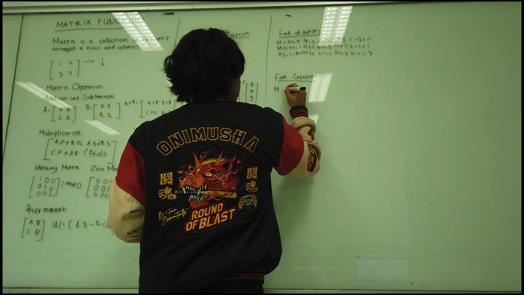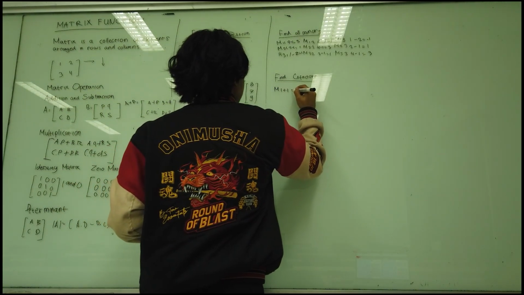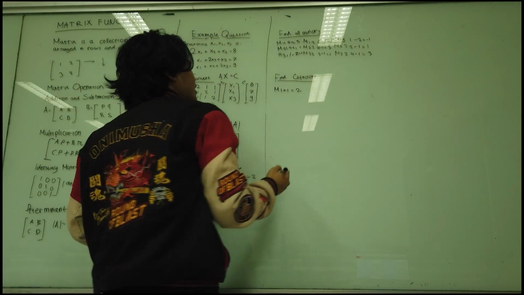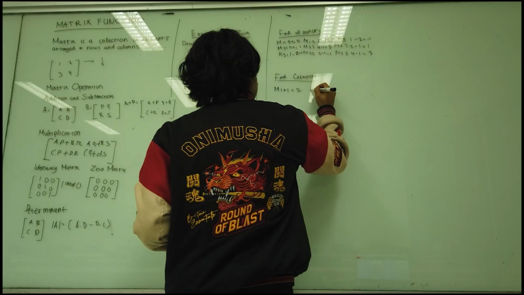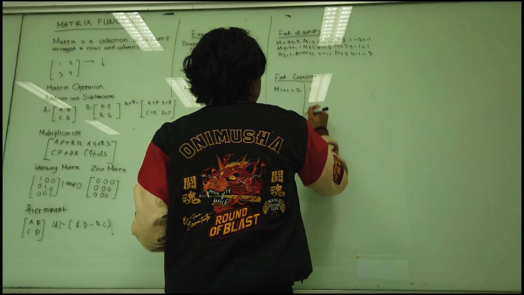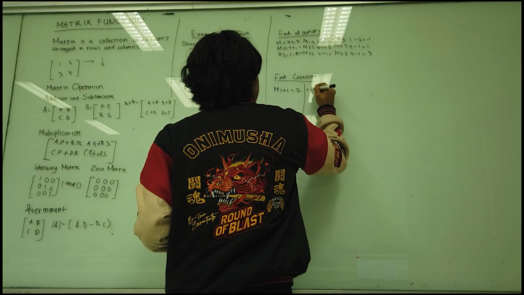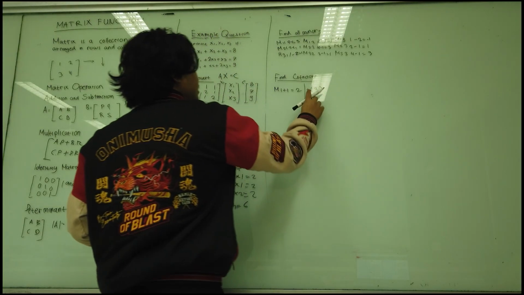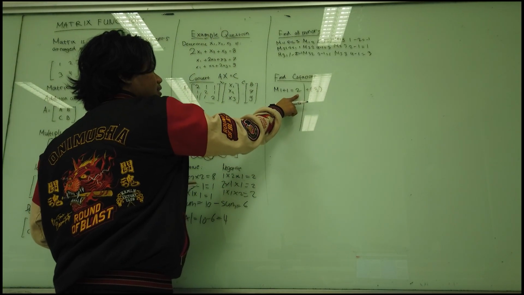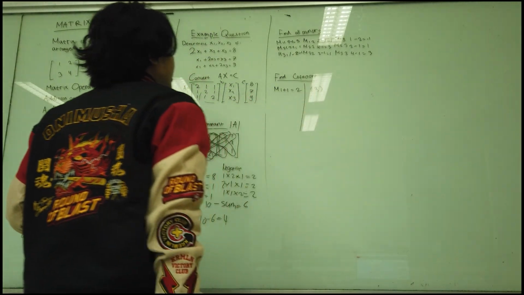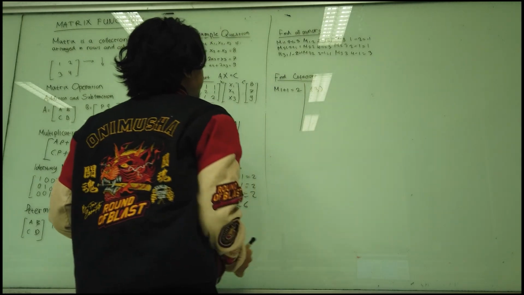So for M11, 1 plus 1 is 2. So this is even, right? So the result is 3. Because this is even, we don't do anything with it.